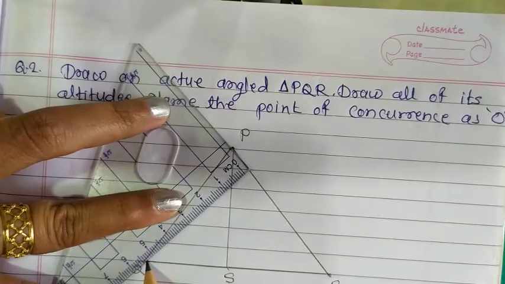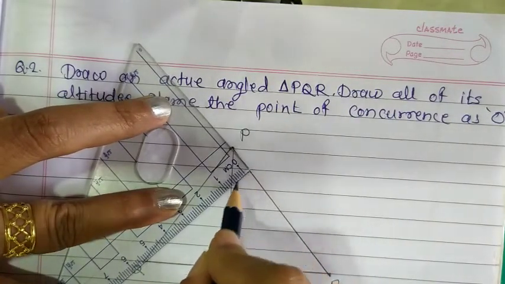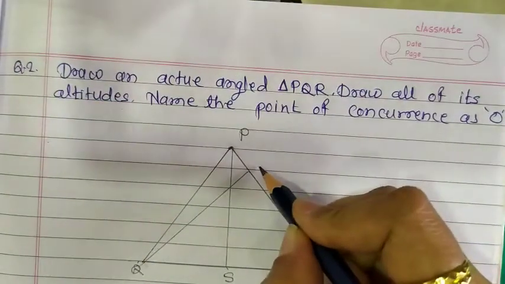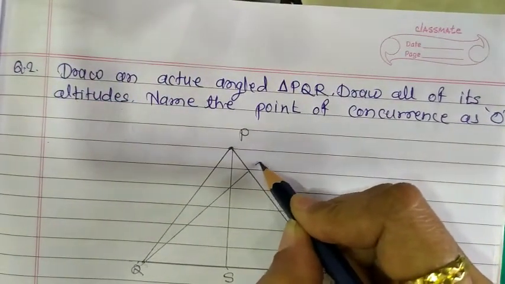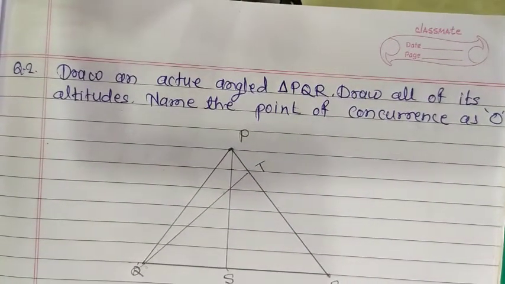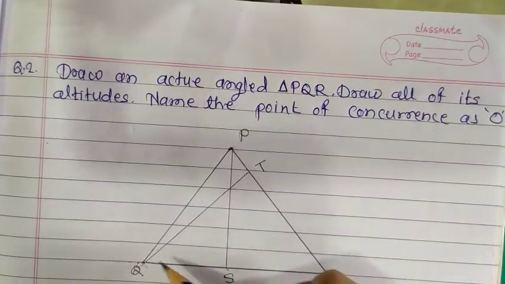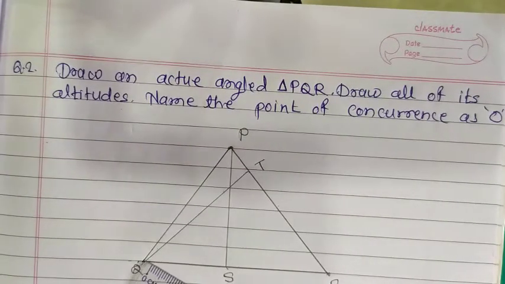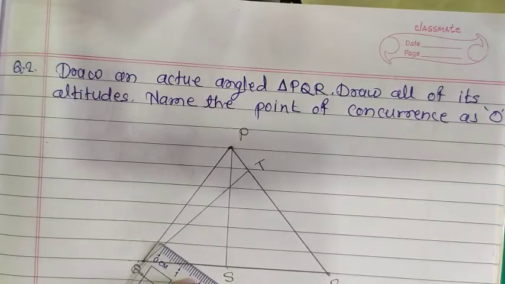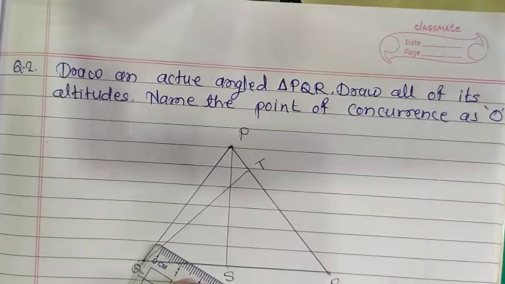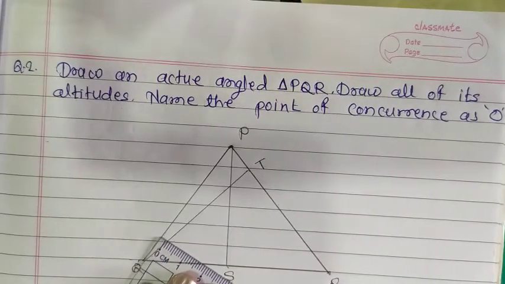So we get the altitude here; name it T. Then we take the base QP, and here the vertex is R. Hence put the set square on QP and move it toward point R.